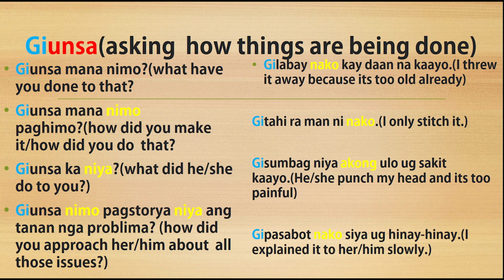You use tigulang for older people. Tigulang, the opposite of young. Old is tigulang, which refers to a person. The opposite of tigulang is bata or young.